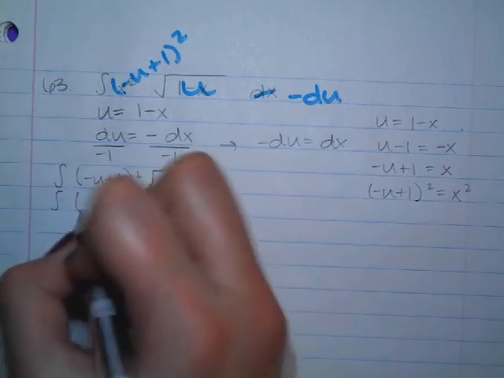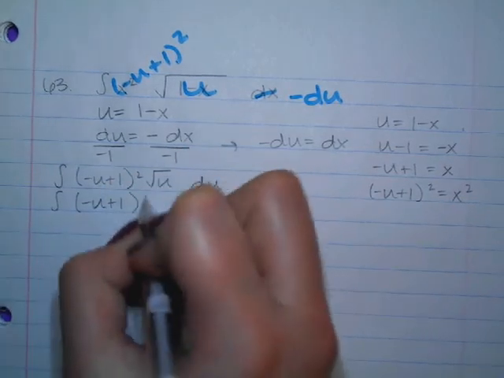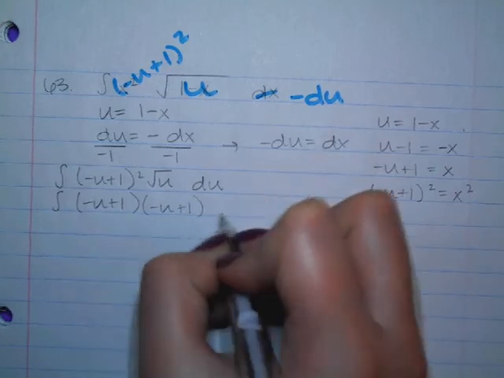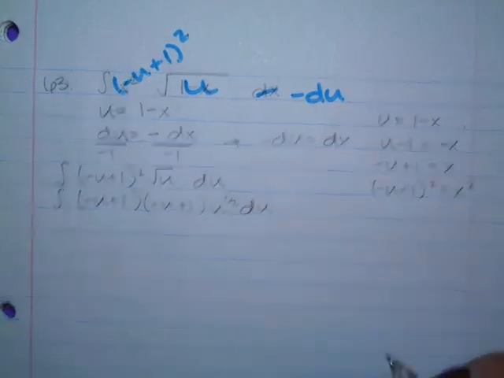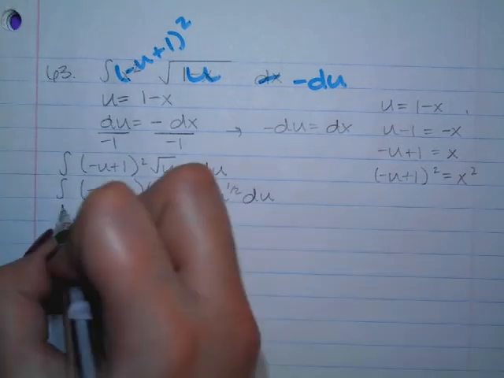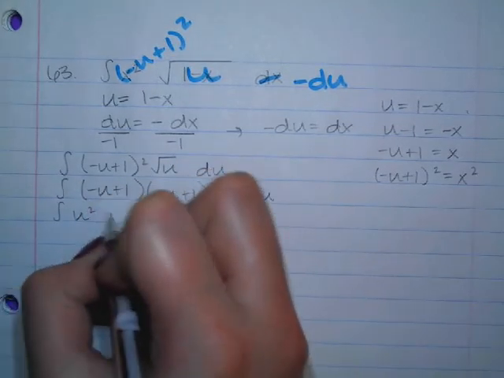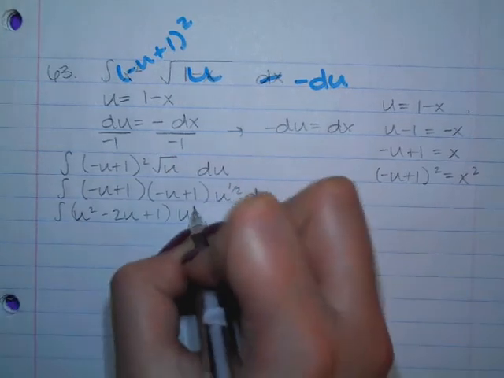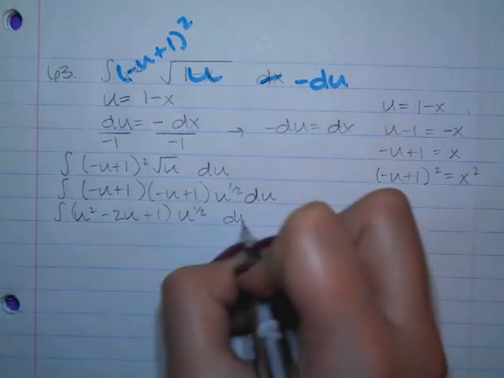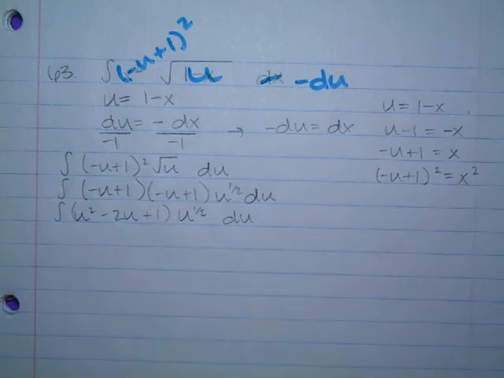So I've got negative u plus 1, negative u plus 1, u to the 1/2. U squared minus 2u plus u squared minus 2u plus 1. I didn't do that because it hurt my brain, but it's okay if you write it like that. It's a little bit funky. My brain was like, I know it's right, but no.